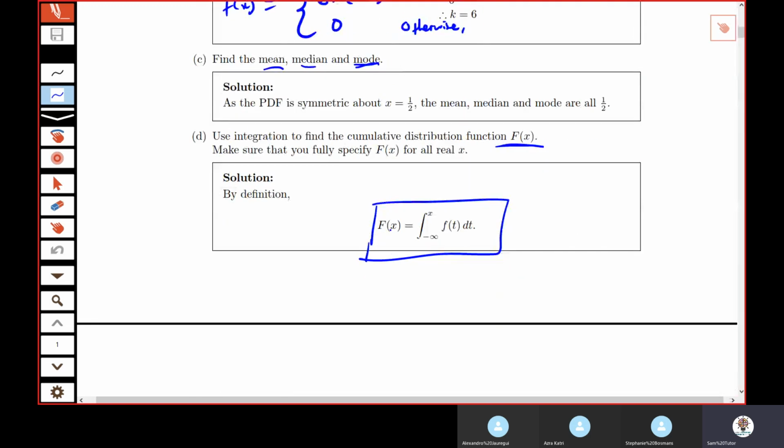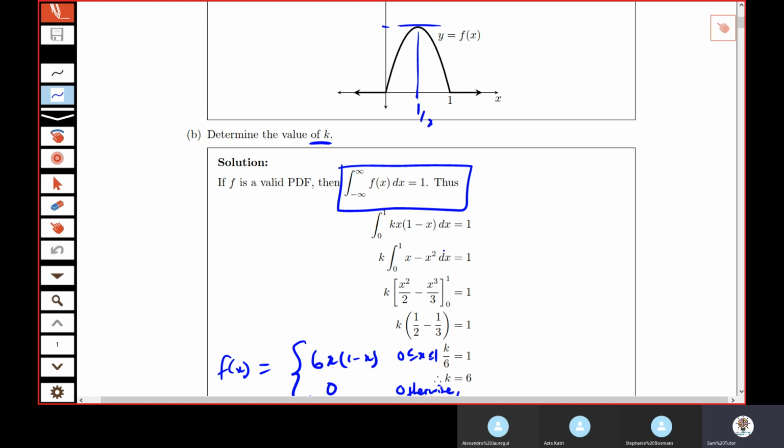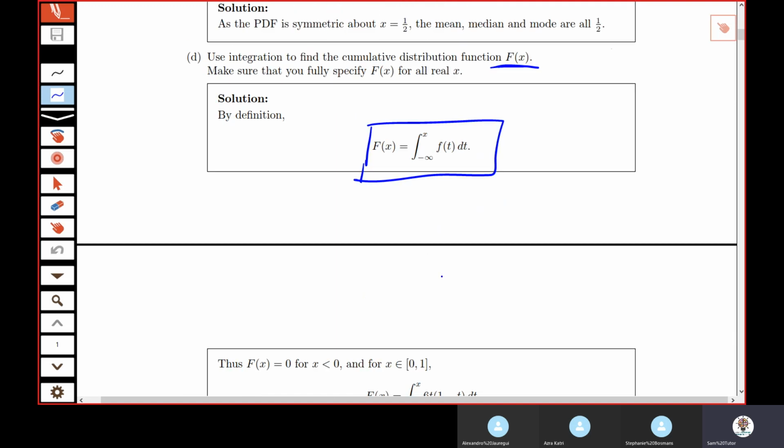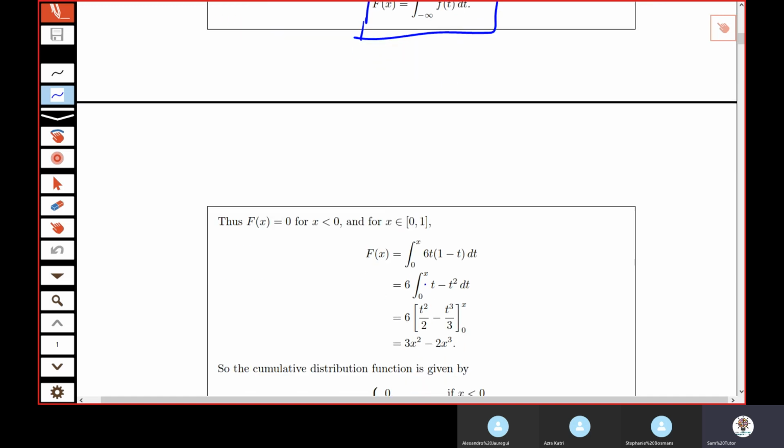For my cumulative distribution function, because it's so dynamic, you can find that at any x value, you don't want to actually go to infinity. You're stopping at whatever x value you want to stop at, but you need to know where it's 0 and where it is valid and where it's again 0. Okay, so that is the formula we're going to use, not your school's one. And then we'll end up with this result.